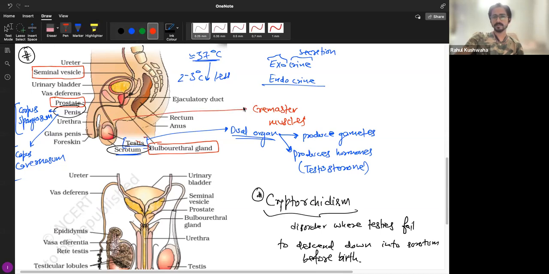So here is the cremaster muscle. Follow this duct, which I'm marking with a marker. This duct, which is going up from the testes here, and this very small duct, which is coming from the bladder, they are meeting at this point, right? This junction. From this point onwards, it forms the urethra, which is the common passage for both sperm and urine, which we discussed in the last class. Okay, make sense?